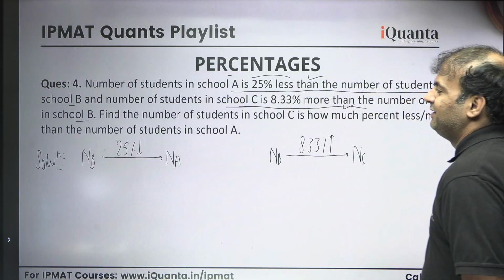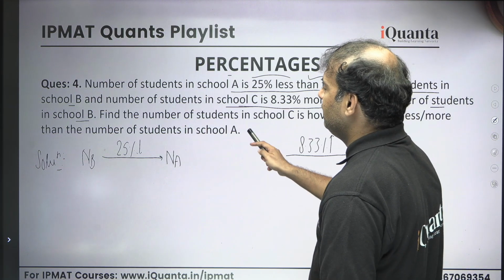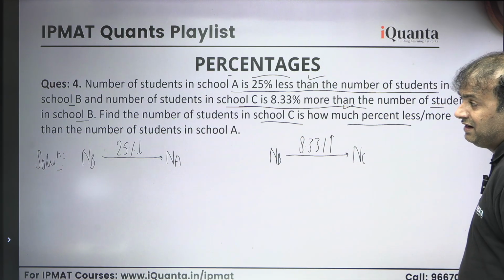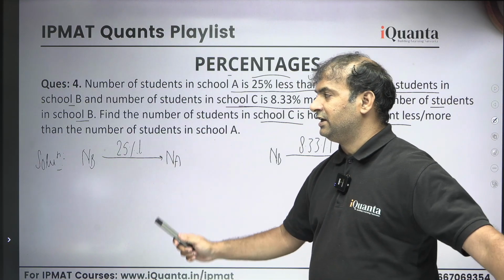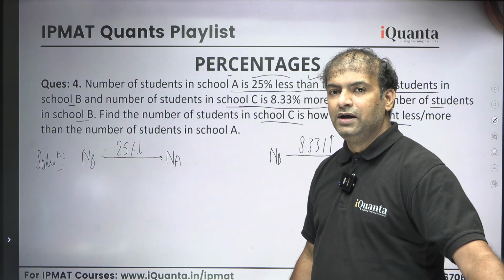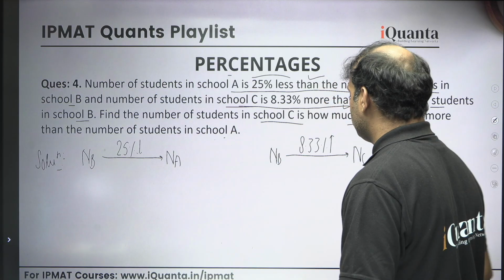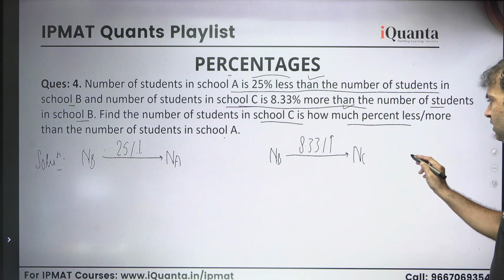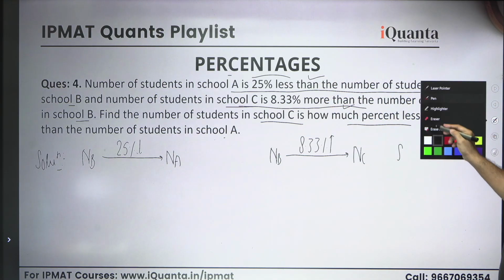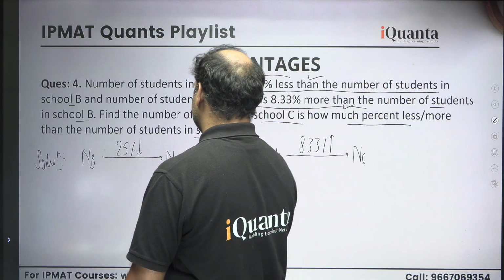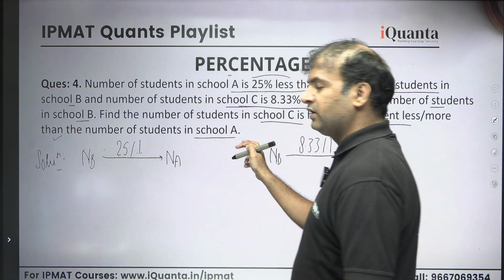Fine. Now look at the question. Question is saying, find the number of students in school C is how much percent less than the number of students in school A. So the final question is about a relation between the students in school A and school C. All right. In fact, we can write this here. In the final question, school A is the initial value because then is written before school A, right?